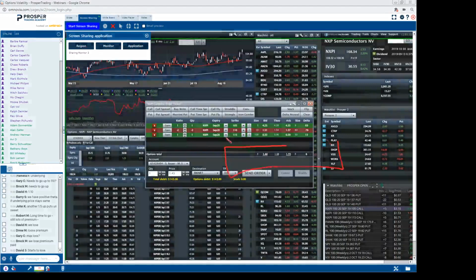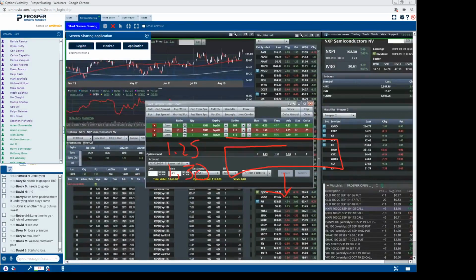So I'm afraid that if we put a stop exit out at $1.25, $1.30, and the stock just ticks down even a little bit, we could get stopped out and not really want to be stopped out. Okay, does everybody understand that?